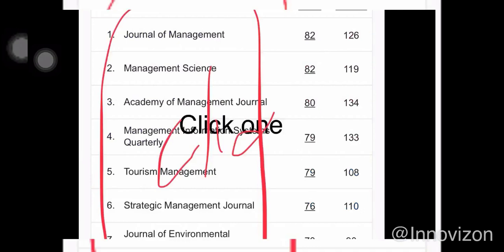The higher the index, the higher your chances of being cited, and the higher the popularity of your research. So what I did here is to search for management. You can also search for accounting or investment or whatever you want, and then just try to click one. Remember that you are searching for the title of a journal.